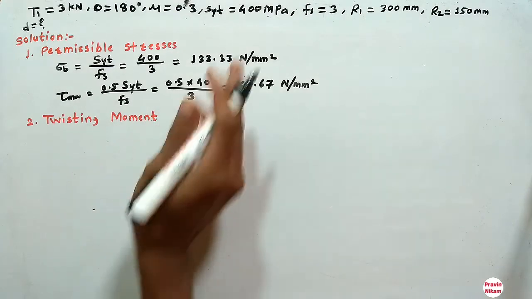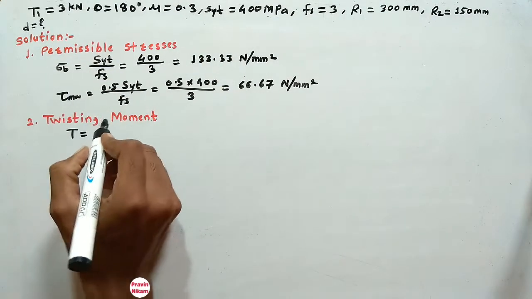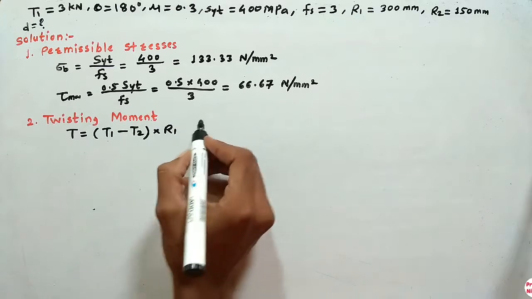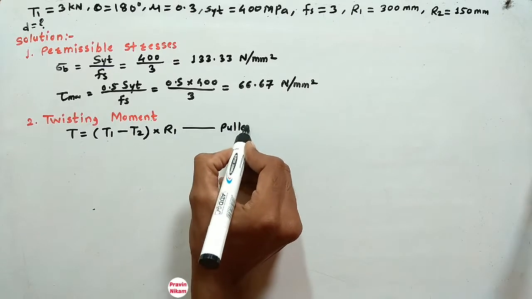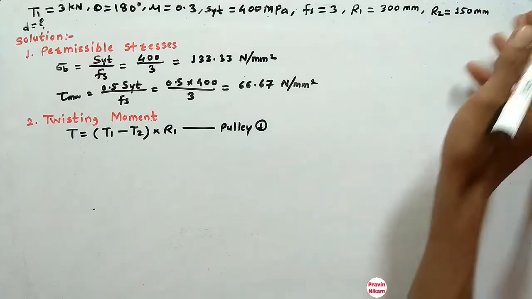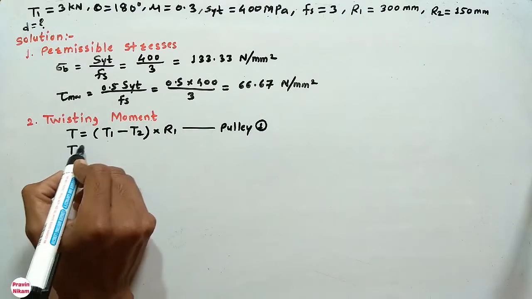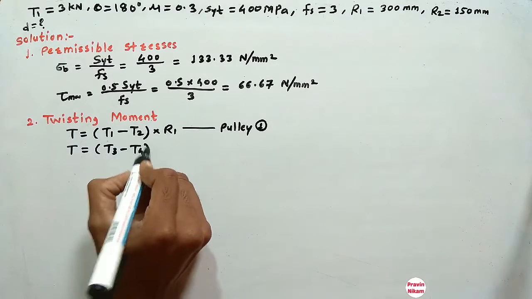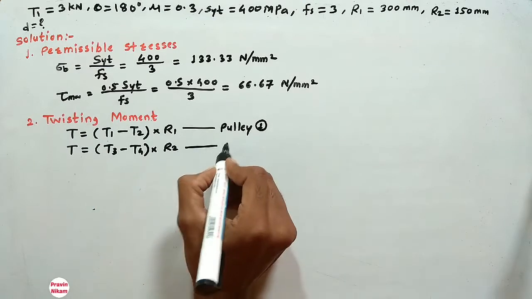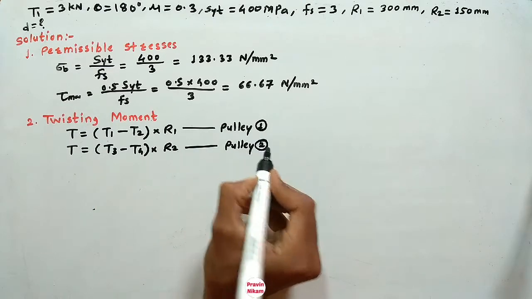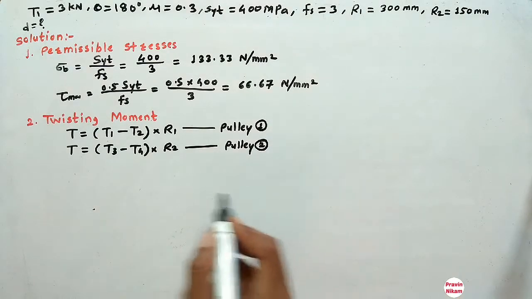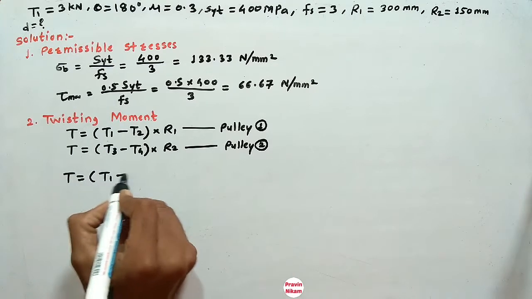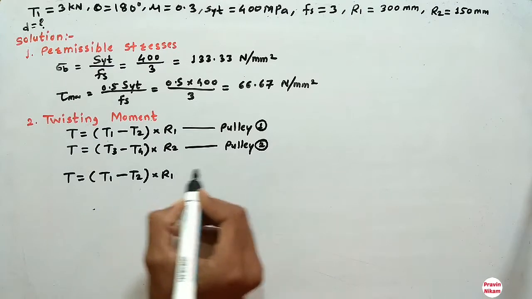You know the formula: T is equal to T1 minus T2 into R1, for pulley 1 or pulley B. For pulley 2, the torque is equal to T3 minus T4 into R2. So take for pulley 1, the formula T is equal to T1 minus T2 into R1.